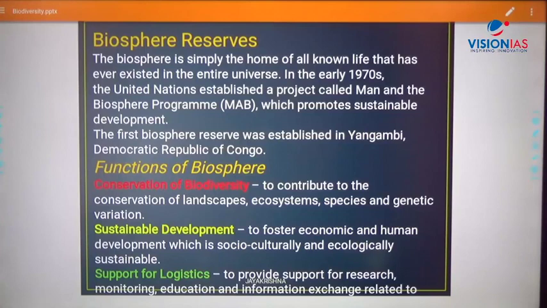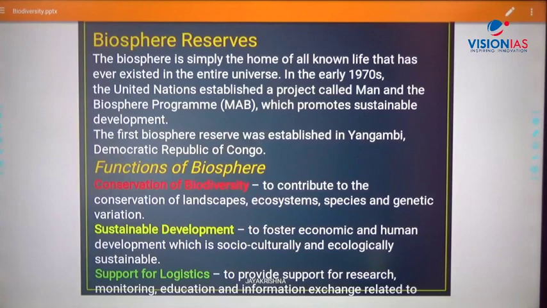Genetic resource is a very important key term. Underline this one. You will come to know the importance of the genetic resources in the Convention on Biodiversity. Write down in capital letters, genetic resource, GR.